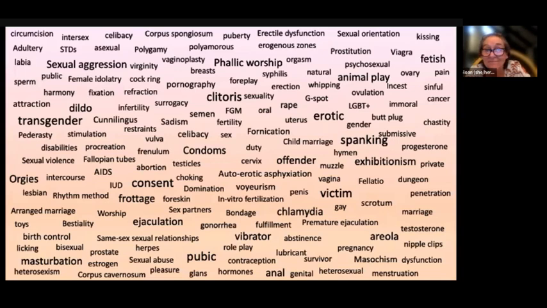Another word is rape. Okay? Tell us what that is. Yeah, it is actually forcing someone to have sex without asking the consent of the person. Beautiful, exactly. Okay, next person. Erectile dysfunction.